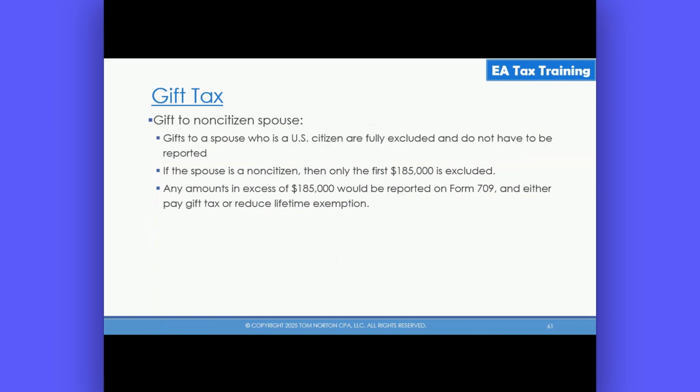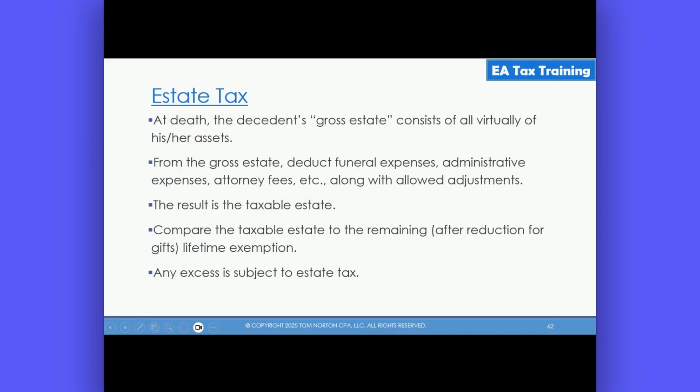So instead of an $18,000 exclusion, you have a $185,000 exclusion. Any amounts in excess of the $185,000 would be reported on the 709, and you either pay the gift tax or you reduce the lifetime exemption. So that's how that works if your spouse is a non US citizen and you are giving them gifts.